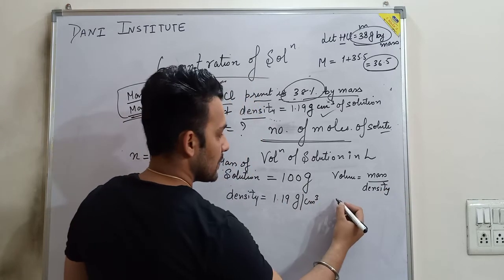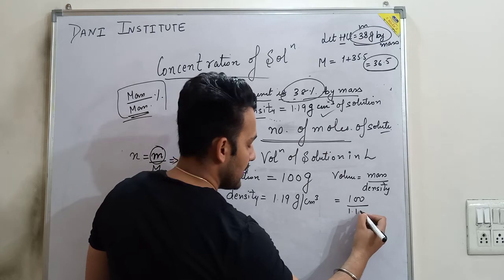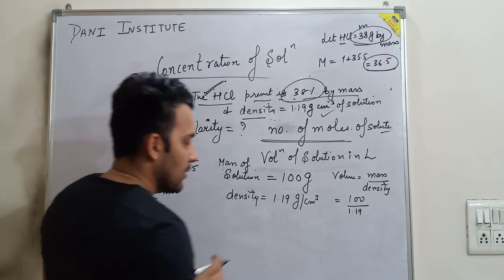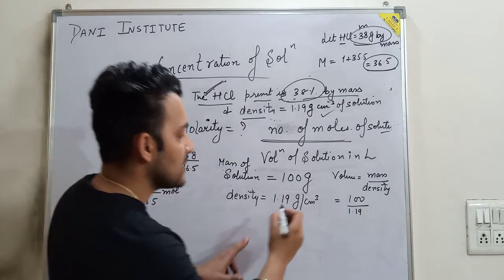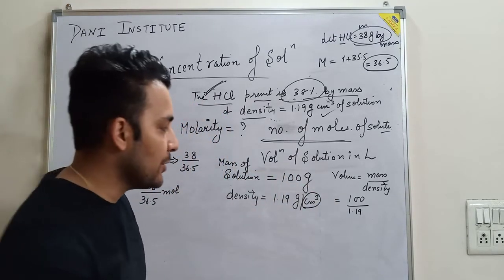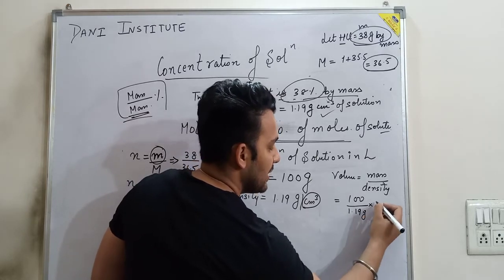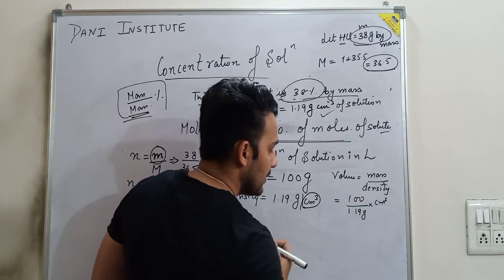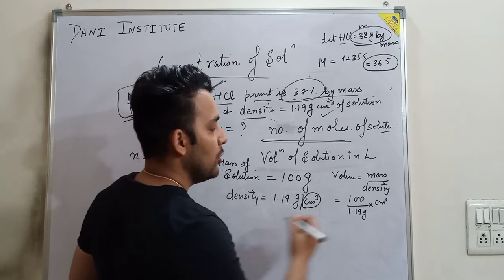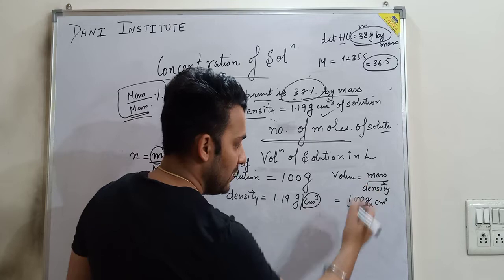What is mass? 100. What is density? 1.19. Remember students, here the density is in centimeter cube. When it goes toward here, the centimeter cube will be in numerator. Here we have 100 gram, gram and gram cancel. Volume will be in what?